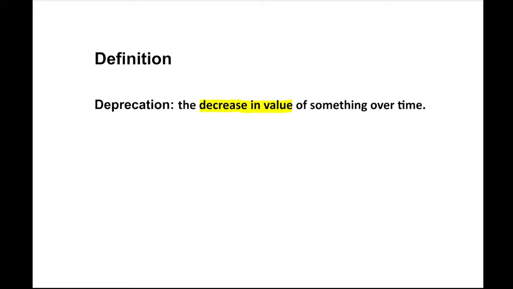You could argue that some things can appreciate and depreciate, right? You think of stocks, right? They lose value over time, or they can gain value. But generally speaking, you're thinking about things that tend to decrease over time. Yes, there are some things that can flip back and forth, but generally speaking, these items decrease.